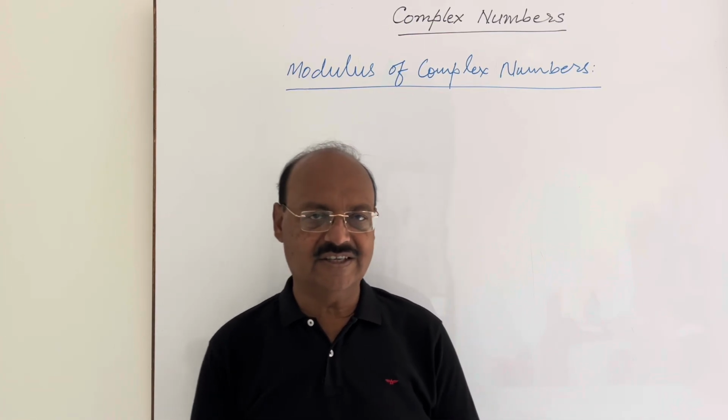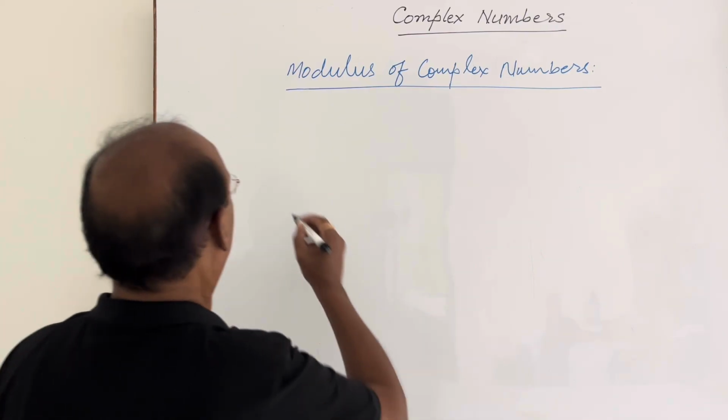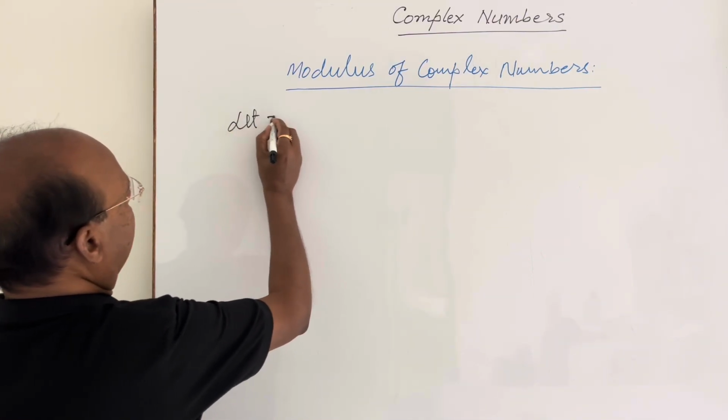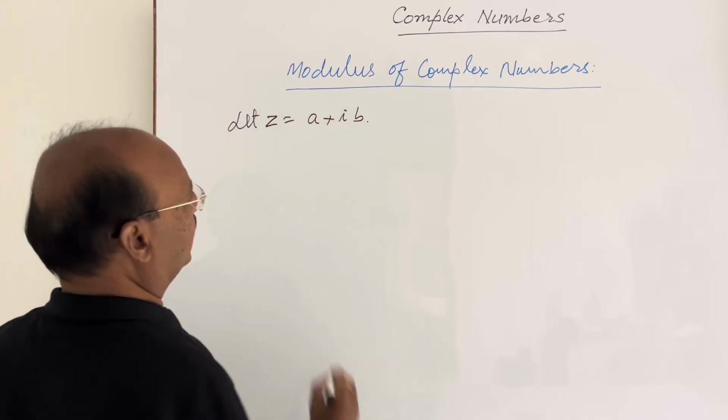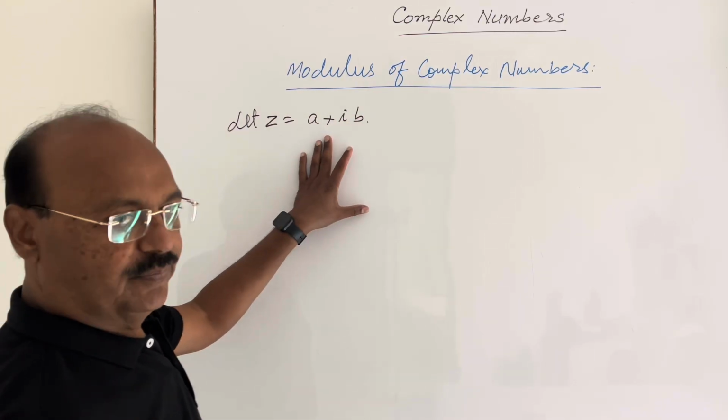This is very interesting. So let Z be a complex number which is equal to a plus ib.